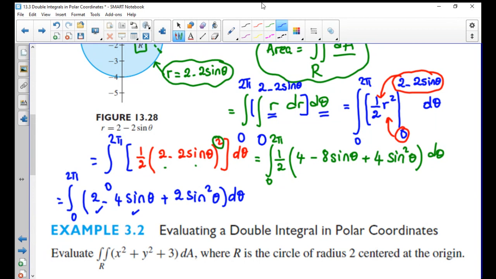So I can integrate 2. What is the integral of 2? 2 theta, from 0 to 2 pi, no problem. The second one, 4 sine theta gives plus 4 cosine theta, that's okay. But the square there is a slight problem. You need to do a little bit of work here. How do we integrate sine squared or cosine squared? Do you remember?